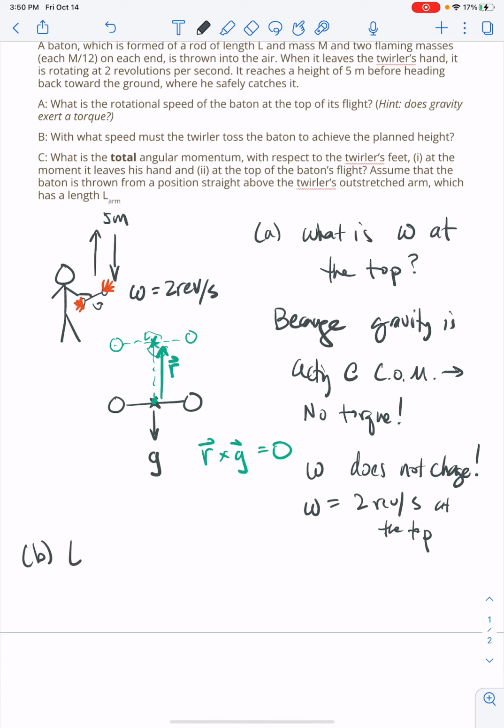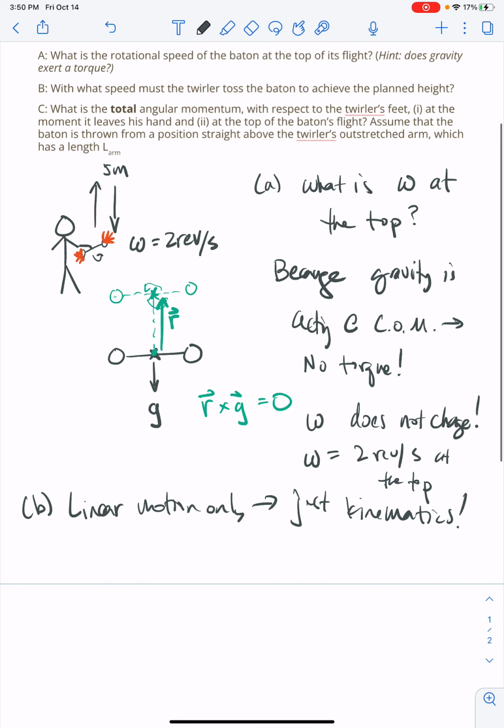Now here, okay, we only need to think about the linear motion only, and so this is just a kinematics problem, okay? So this maybe looks scary or hard, but this is just kinematics, and you know how to solve a kinematics problem, right? And so the question is, what is v naught, no, v naught is not 0, v naught in order for y final to be 5 meters.